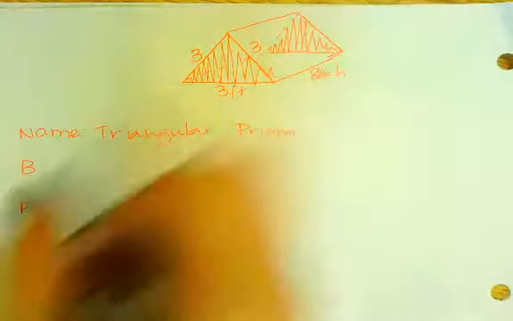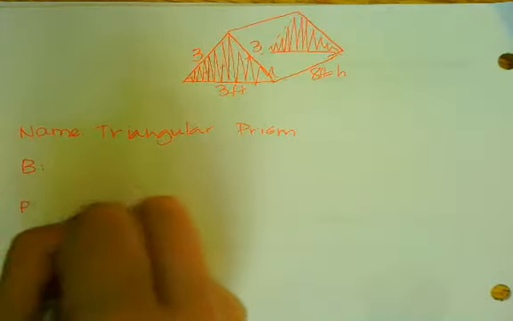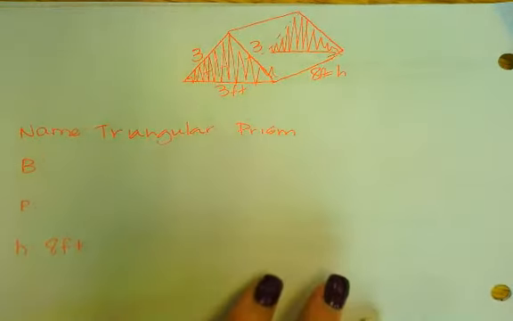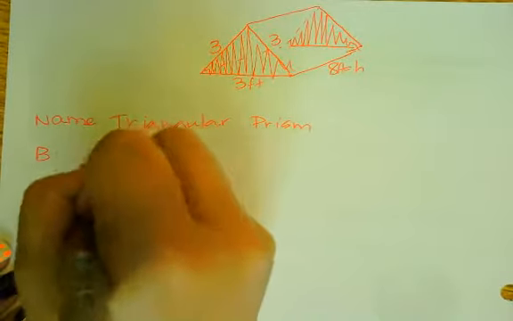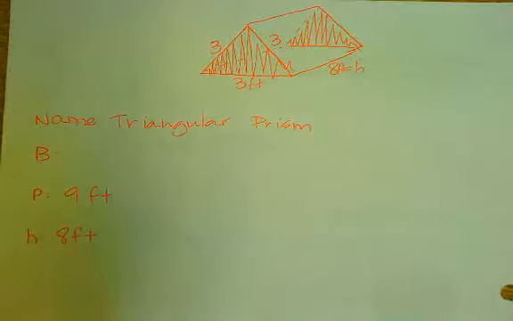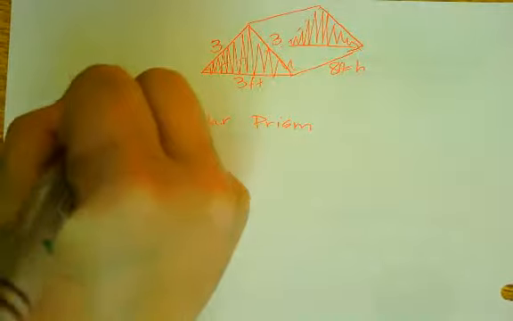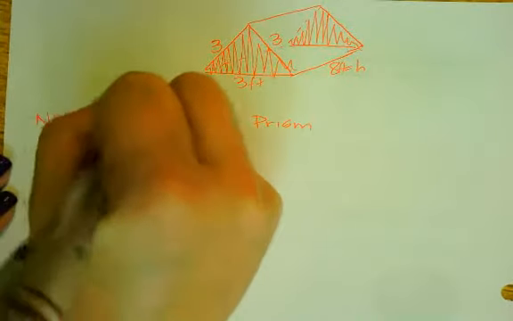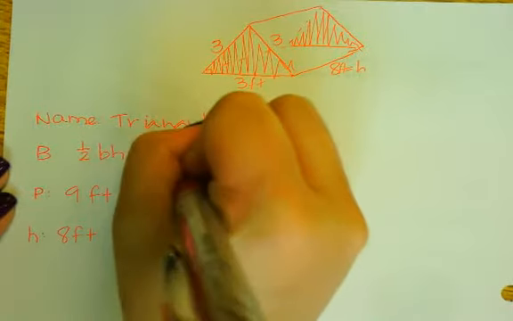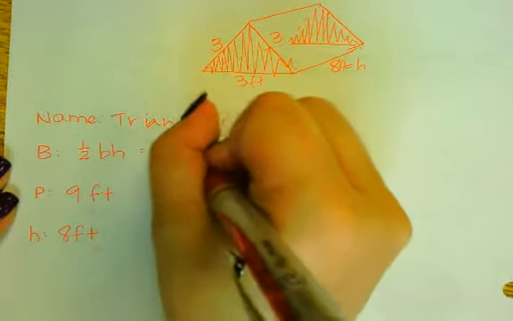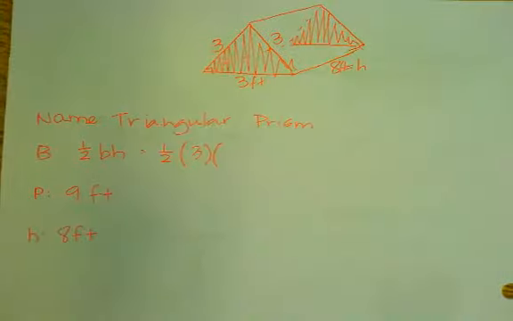What's my perimeter? 9, right? 3 plus 3 plus 3. Okay, the area of my base is 1/2 b times h. What is my base? 3. What's my height? The height of my triangle is 8.